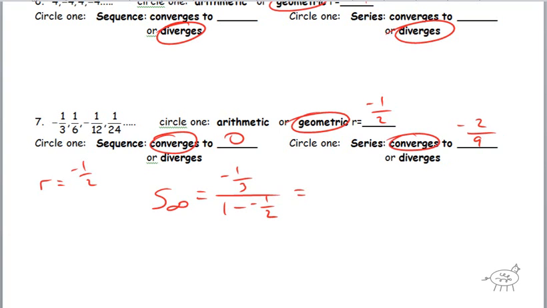That's it, math fans. Day 3 is basically just investigating infinite sequences and infinite series and understanding the words converge and diverge. Converge means you approach something. Diverge means I'm either going to infinity or fluctuating back and forth, positive, negative, positive, negative, etc.